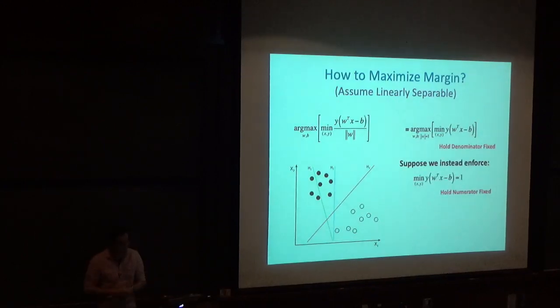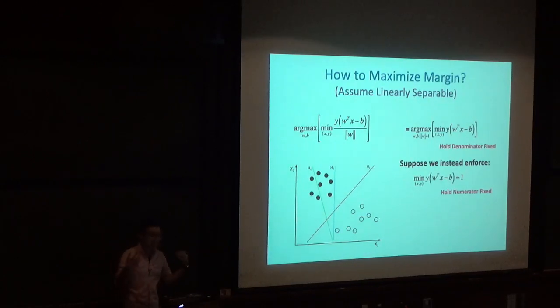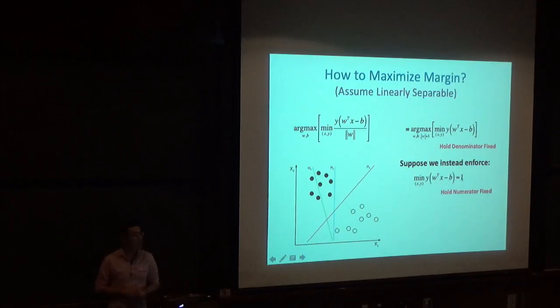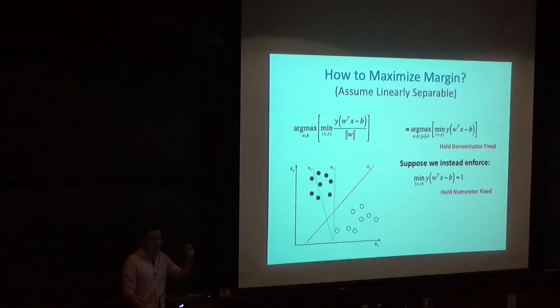We could also fix the numerator instead of holding the denominator fixed. That means we want to find a W such that the minimum distance of a point to this hyperplane is exactly 1, in terms of the minimum unnormalized distance.